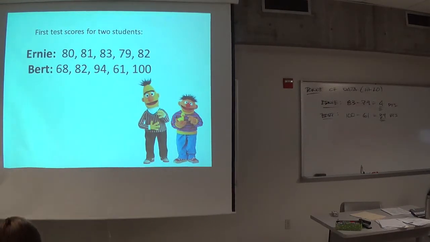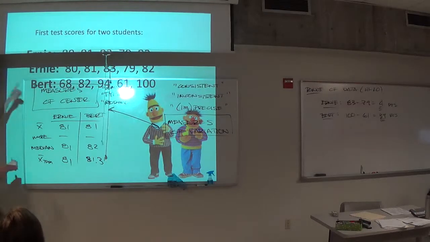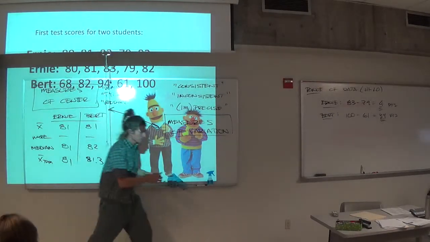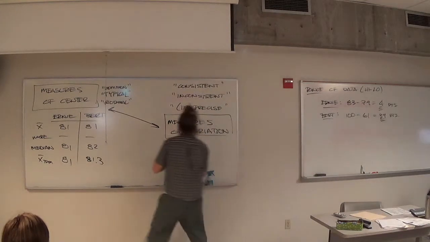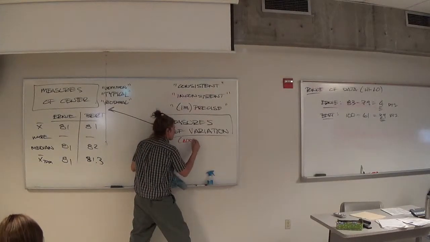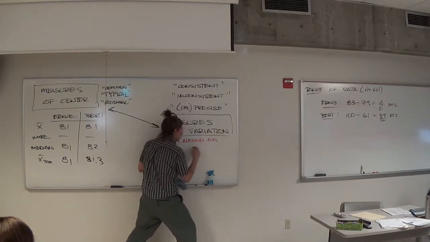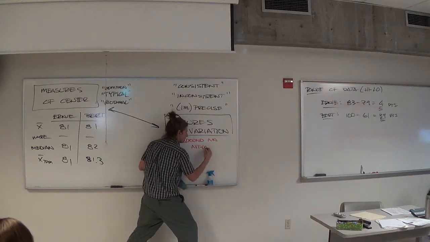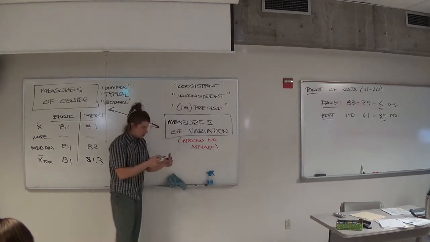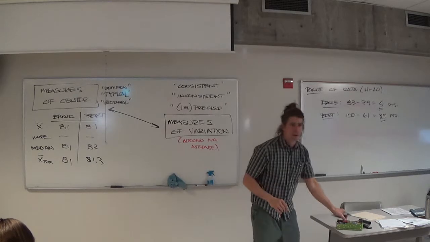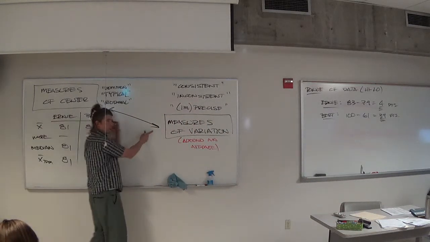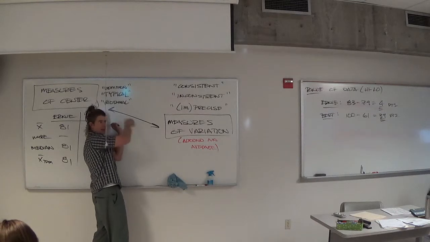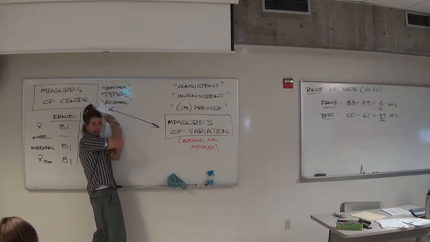Here's the deal. I mentioned before, we want to talk about measures of variation. What we really want to measure is variation around an average. We want to measure the variation around an average. So we want to really talk about these double arrows right here, and I really want to keep them together.